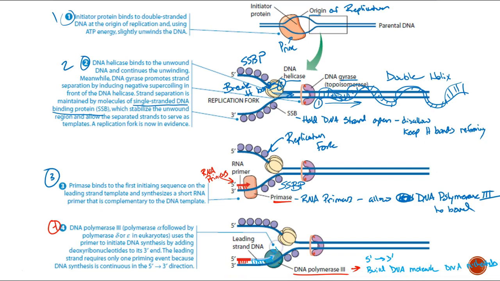It's placing the new nucleotides one by one, and it'll continue to do that all the way along as this replication fork moves to the right. And if you're constantly placing these DNA nucleotides to the 3' end, you are building the new strand from 5' to 3'. And so, 4 steps so far. Very important to understand all 4 of those steps.